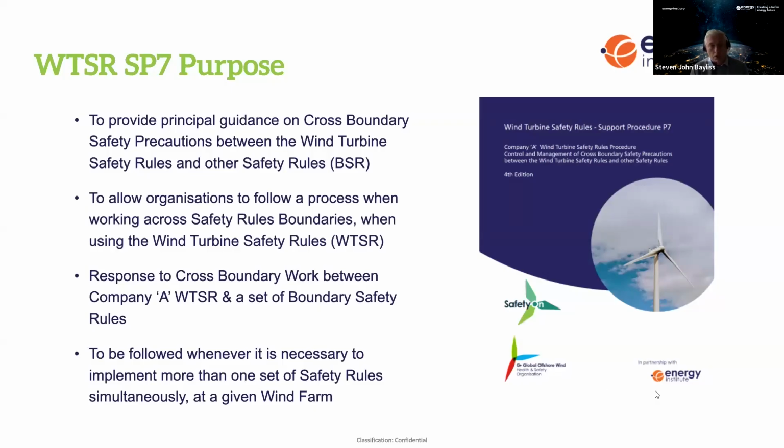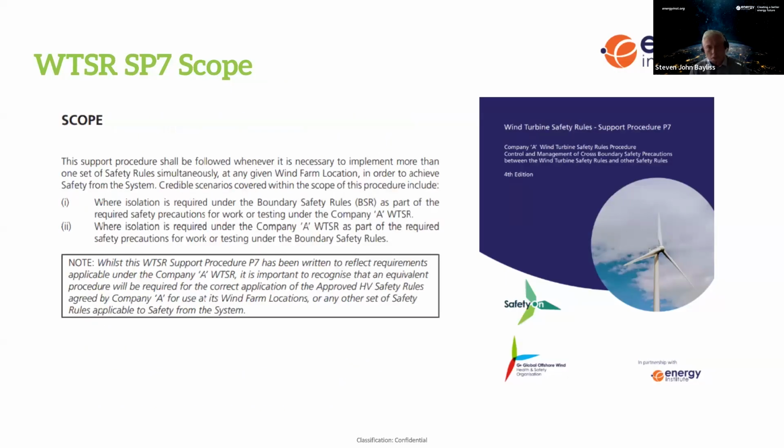Yeah, if you want to go on to the next slide, Andrea. Okay. So this is looking at the scope, and it's probably quite critical as well, that the support procedure shall be followed whenever it is necessary to implement more than one set of safety rules simultaneously, as stated before, at any given wind farm, in order to achieve safety from the system.